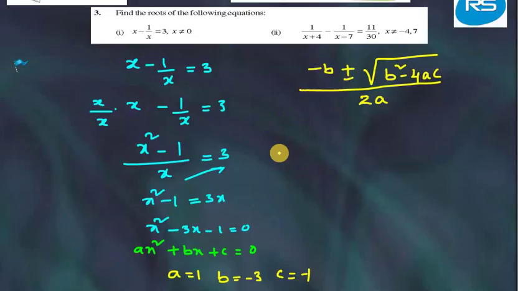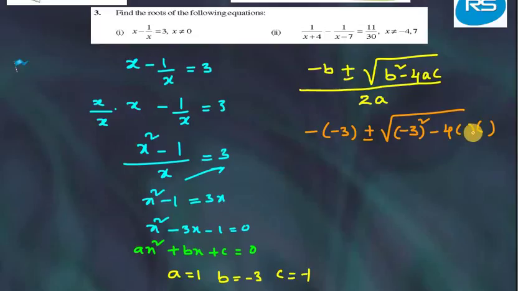In this formula, just substitute all the values of a, b, c. Now we will go further. Minus of b, the b value is minus 3, plus or minus square root of b square, that is minus 3 square, minus 4ac. a is 1 and c is minus 1, whole by 2 into 1, this is a.